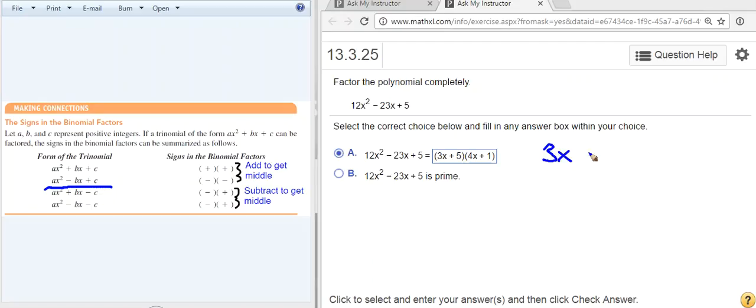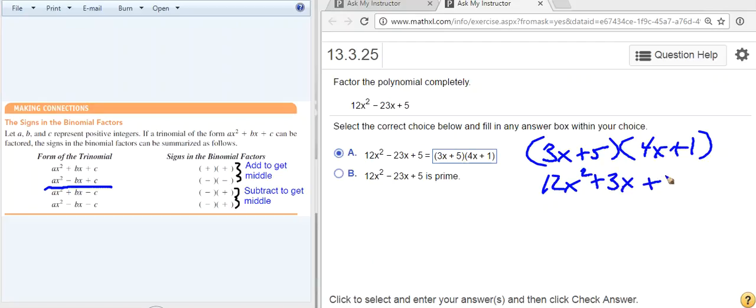And if you just go ahead and multiply that out, we'll have 3x plus 5 times 4x plus 1. My first, 12x squared, outer 3x, inner 20x, last plus 5. 12x squared plus 23x plus 5.